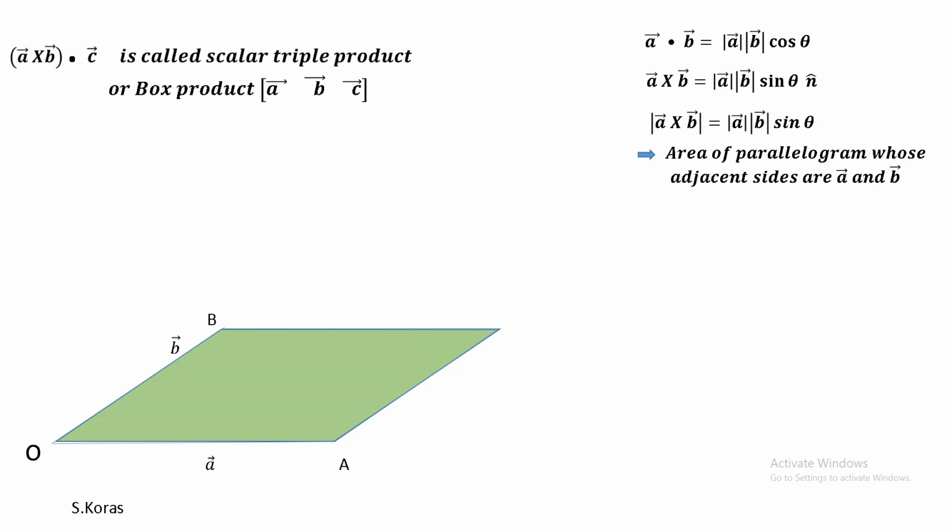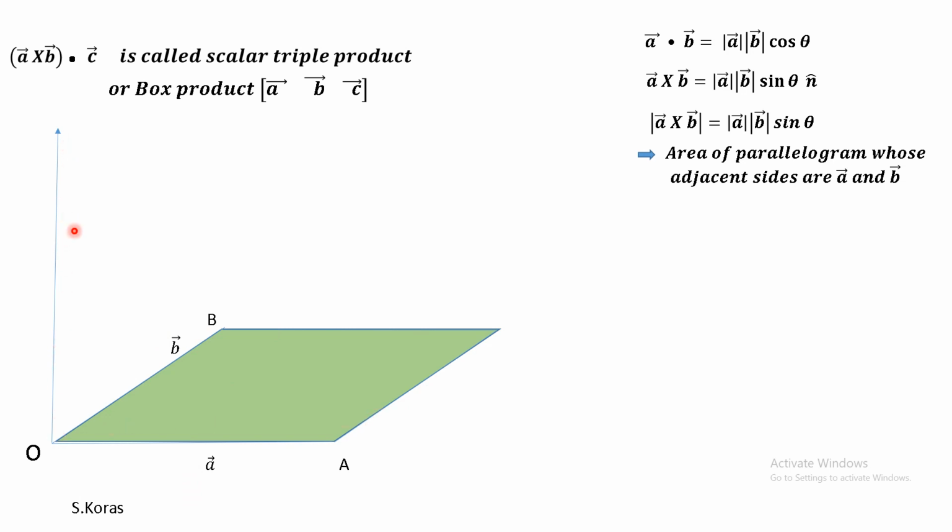As I told you, this n cap is a normal vector to a vector and b vector. So we have drawn a normal vector to a vector and b vector. Already we know what a vector cross b vector is, and we know its magnitude. Now it is our duty to find its direction.